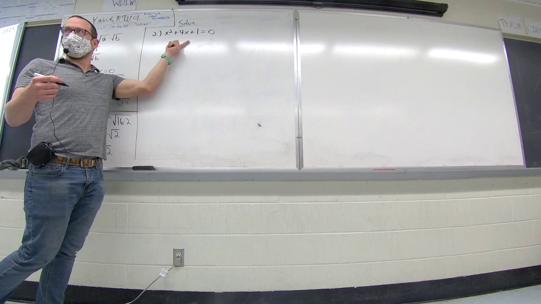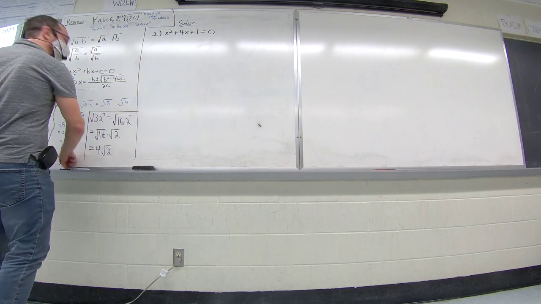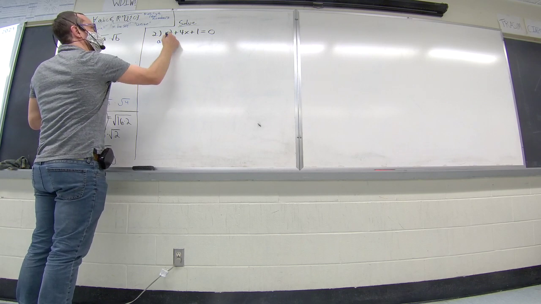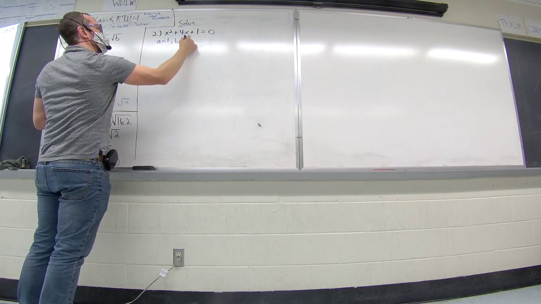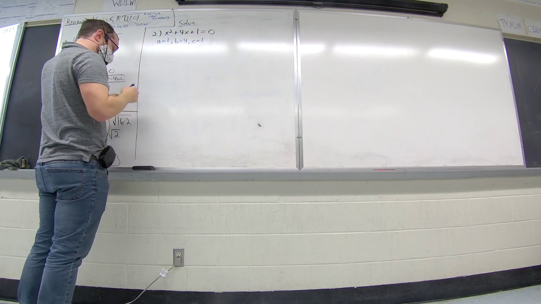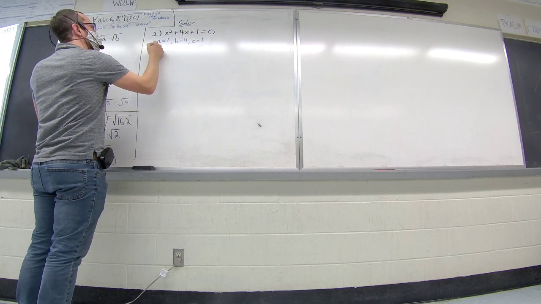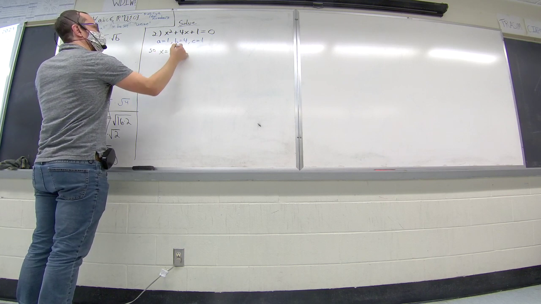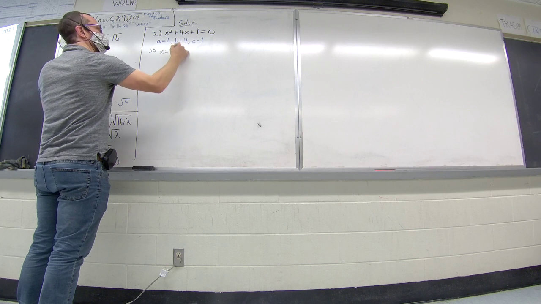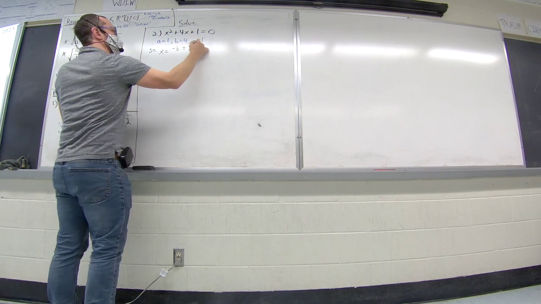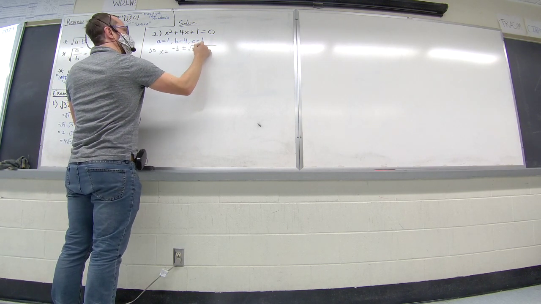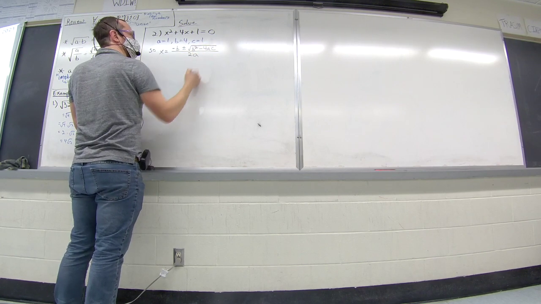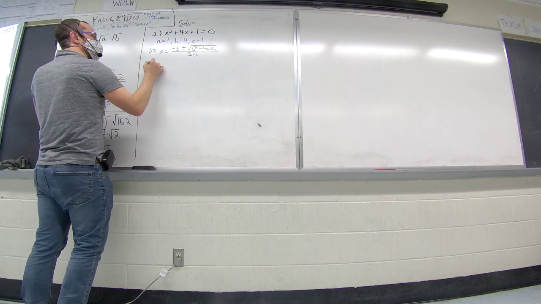So now I can use it on this. What's my a, b, and c? b is, and c is. So x is negative b. I recommend writing out the formula every time you use it until you're so confident that it's basically in your blood.